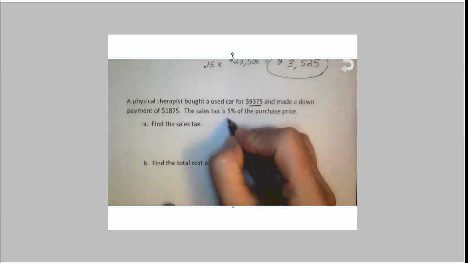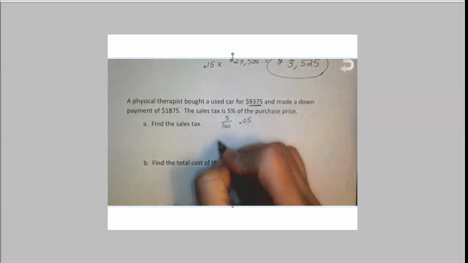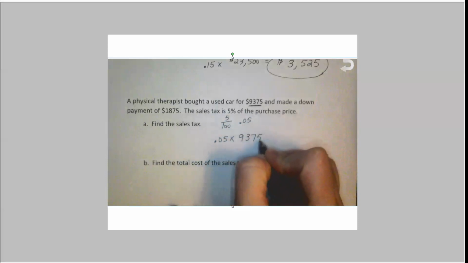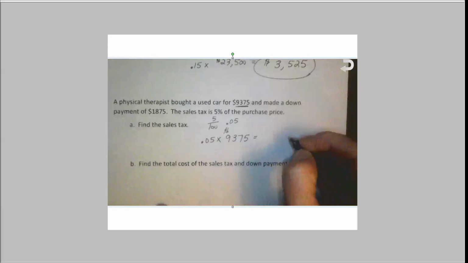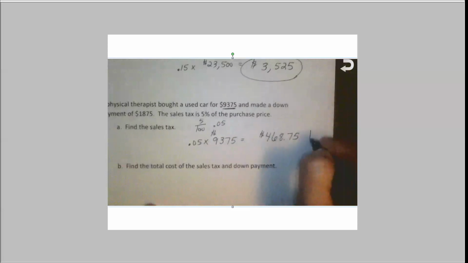So 5% per 100, that's 0.05. 0.05 times $9,375. That gives us a sales tax of $468.75.